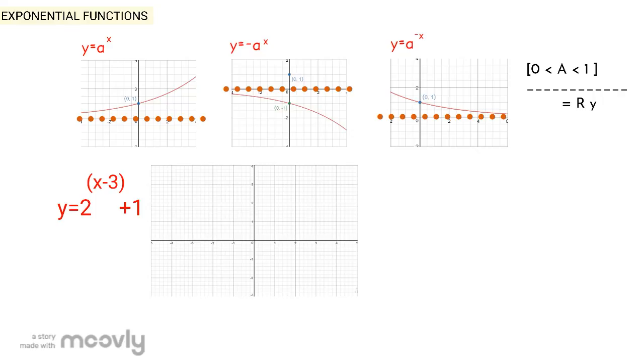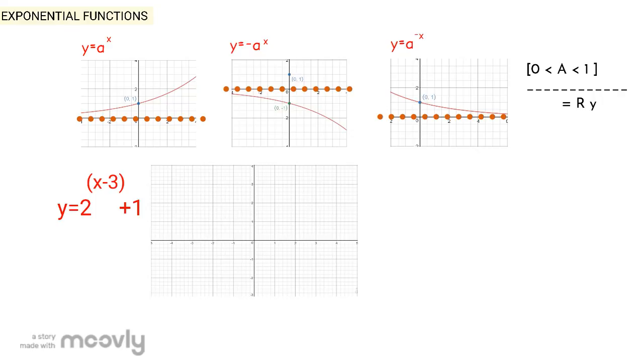The next step will be to move the reference point 1 up, since you move your asymptote 1 up, and move the reference point 3 points to the right.